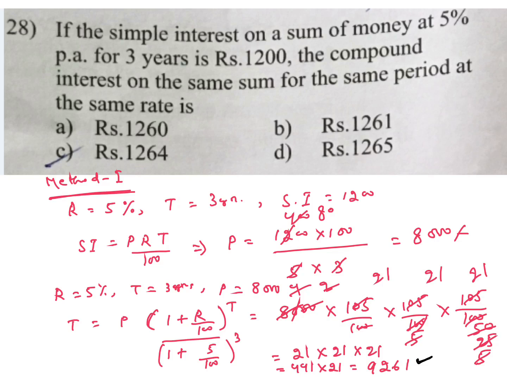This is the total. So interest is 9261 minus 8,000, the principal, 1261. So option B is the answer.